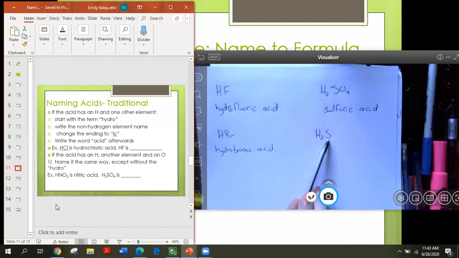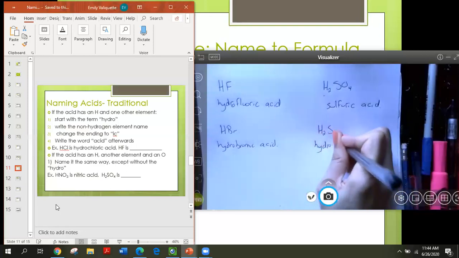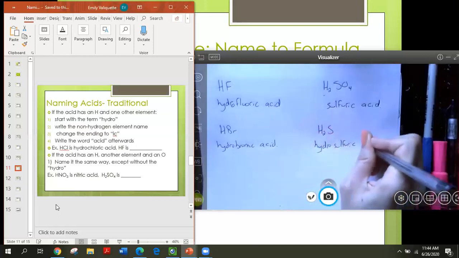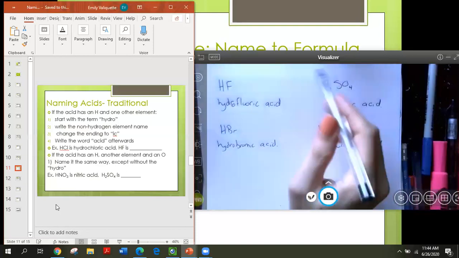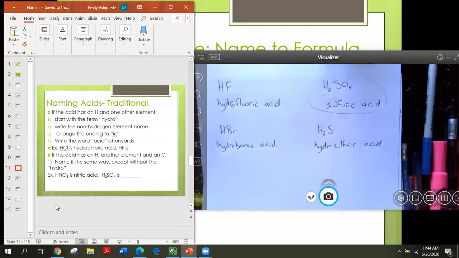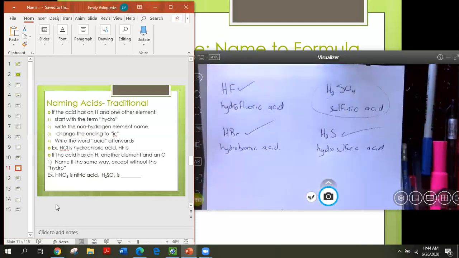There's only one other atom bonded to the hydrogen, so this one would be hydrosulfuric acid. And we'll get into these types, the polyatomic ones, more in Chem 20. You just have to be aware of them for now. These types, you do need to know how to name this year.